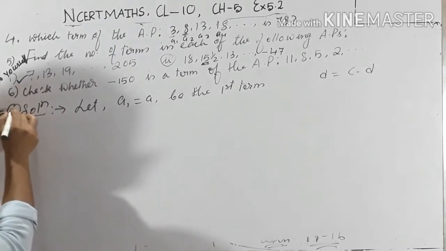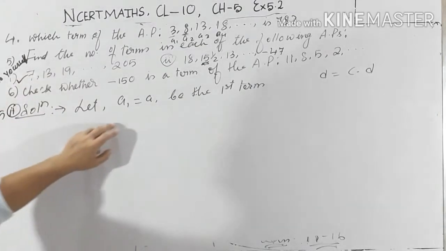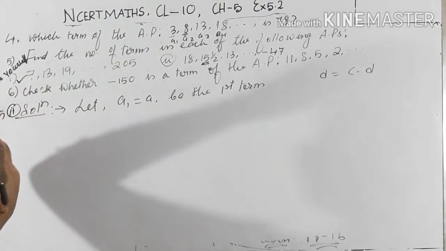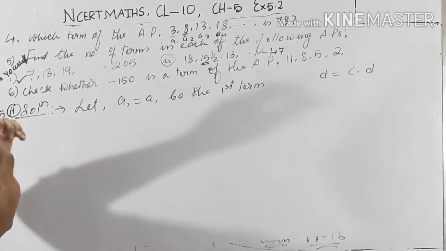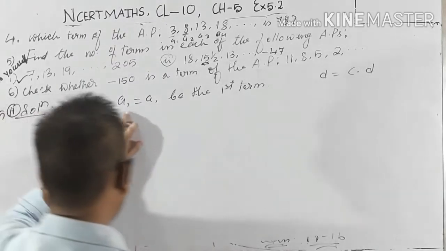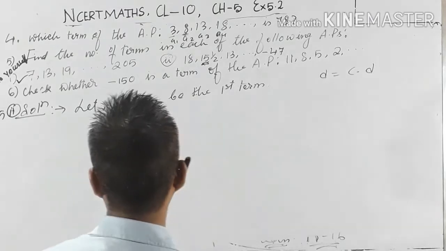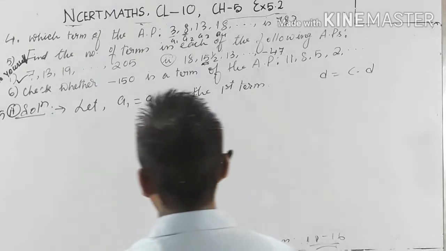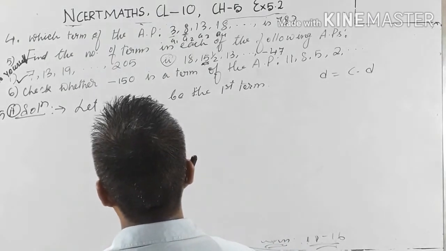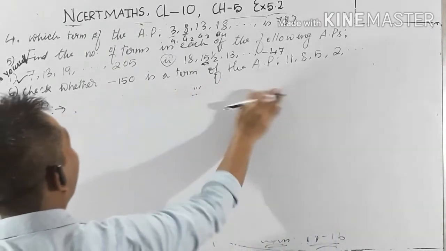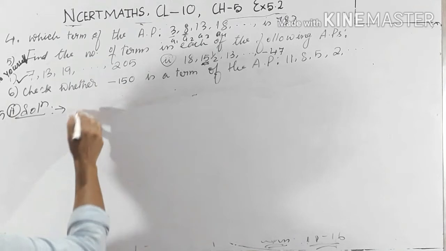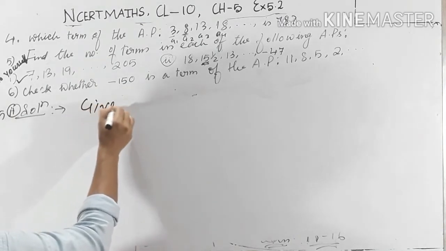Question 5, Roman number 2. Let A1 equals A be the first term. No need to write that part. No need to write, given, just write direct given.